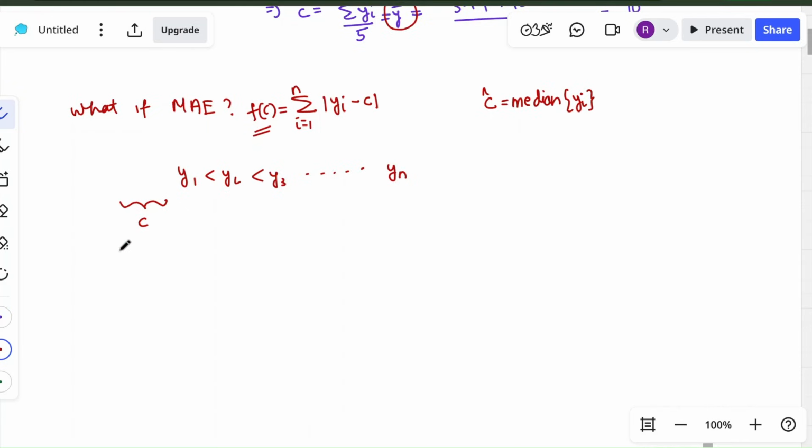If c is less than y1, then f of c will be equal to summation, i running from 1 to n, of absolute value of yi minus c, but again all yi's are bigger than c, so it will just be yi minus c.